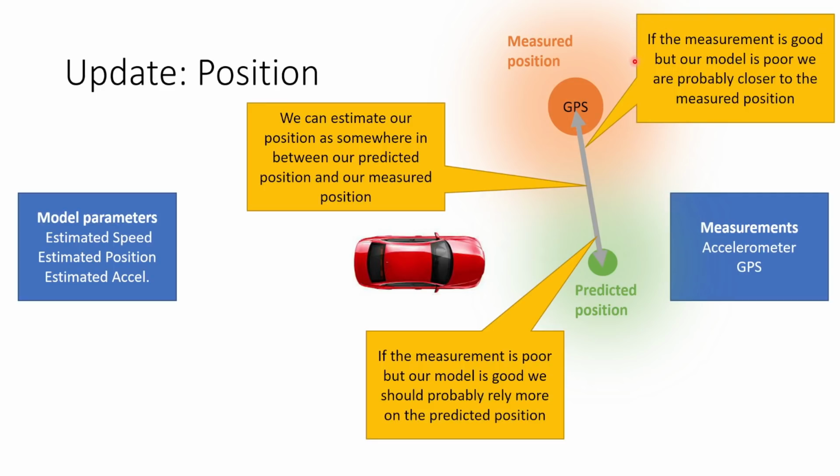If we think our measurement is good, but our model is poor, so we have low uncertainty in our measurement and high uncertainty in our prediction, then we're probably closer to the measured position than the predicted position. If, however, we think that the measurement is very uncertain, but our model, our prediction is quite good, we should probably pick a point here and we rely more on the predicted position.